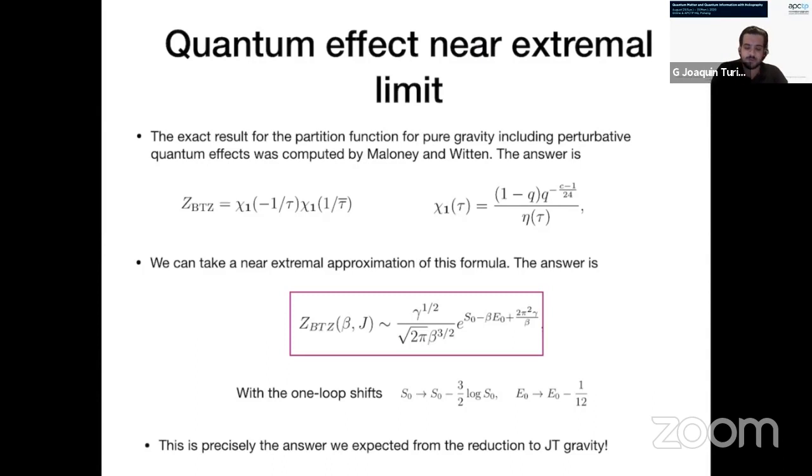And if you take the near extremal limit of this formula, you get this. And this is precisely consistent with what I just said. So this term is coming from the far region. This is, let me call it, far. This is the JT term. And this is the JT, let's say, quantum term.